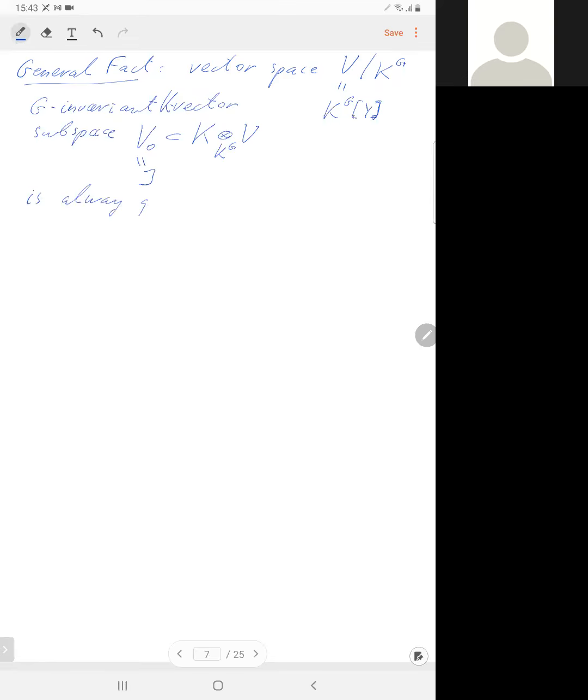So by general, you mean that G is now just an abstract group? G is an abstract group, K is an abstract field, everything is absolutely abstract. So it has nothing to do with its origin in algebraic geometry. Okay, this is a general fact about actions of a group on fields and vector spaces.